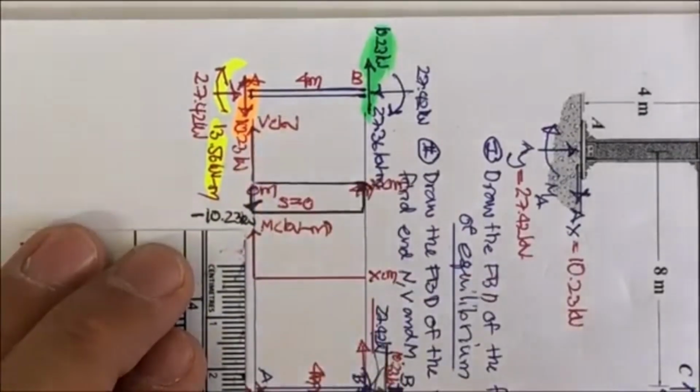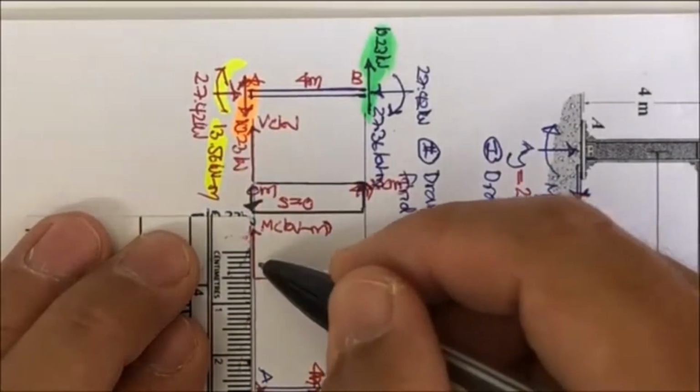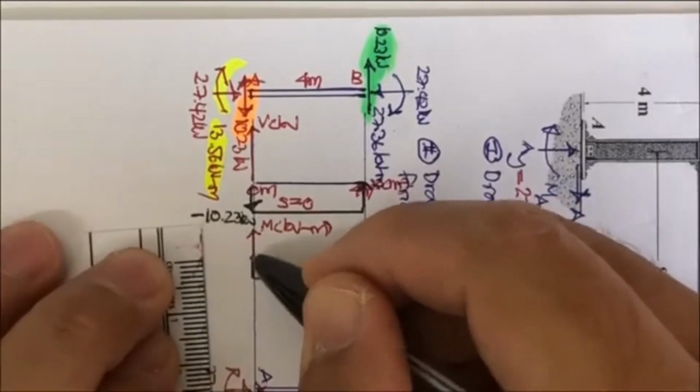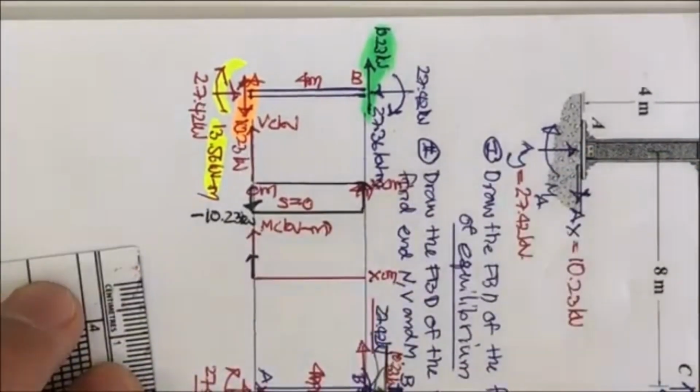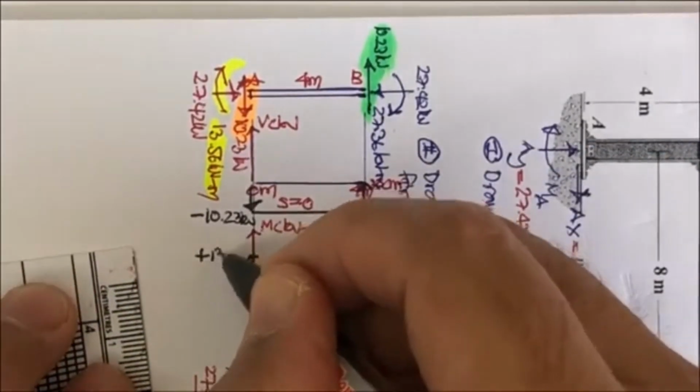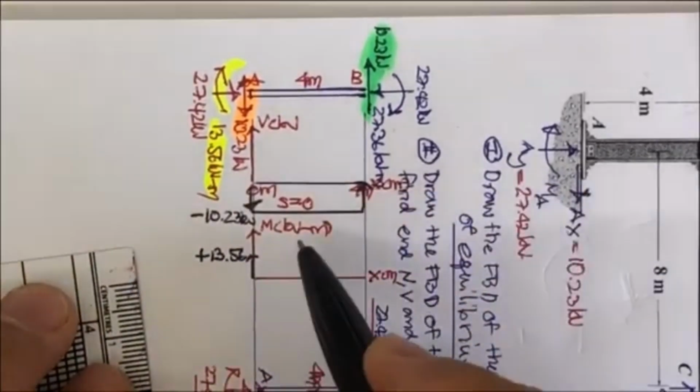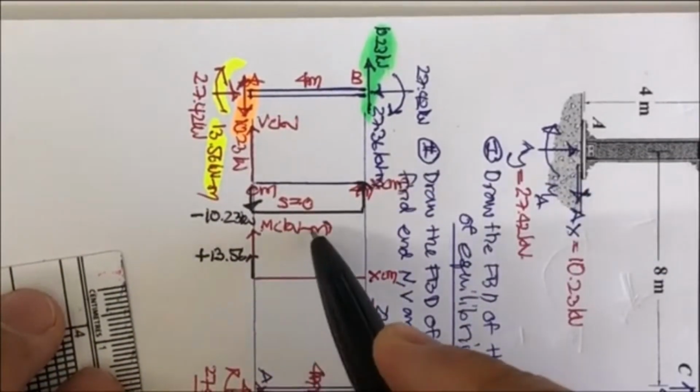So if you set 20 like this, you may set this one as the 13. Okay, that is going to be plus 13.56. You don't need to put the unit because the unit is here already.